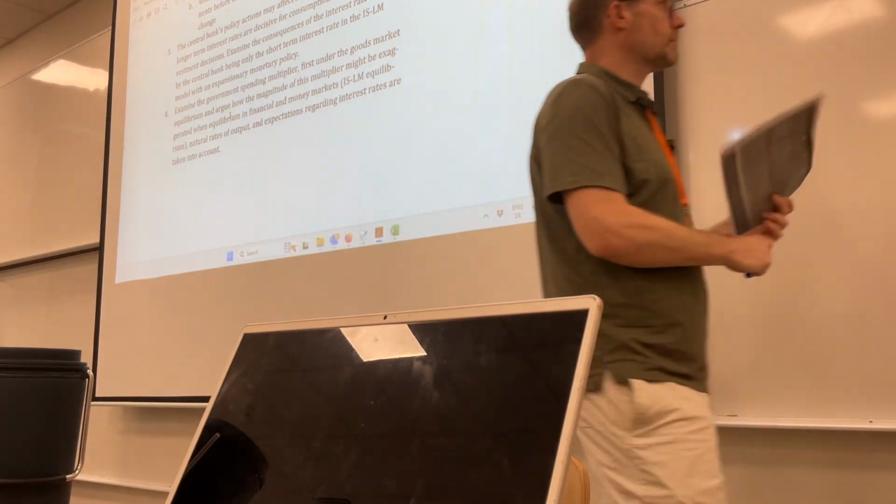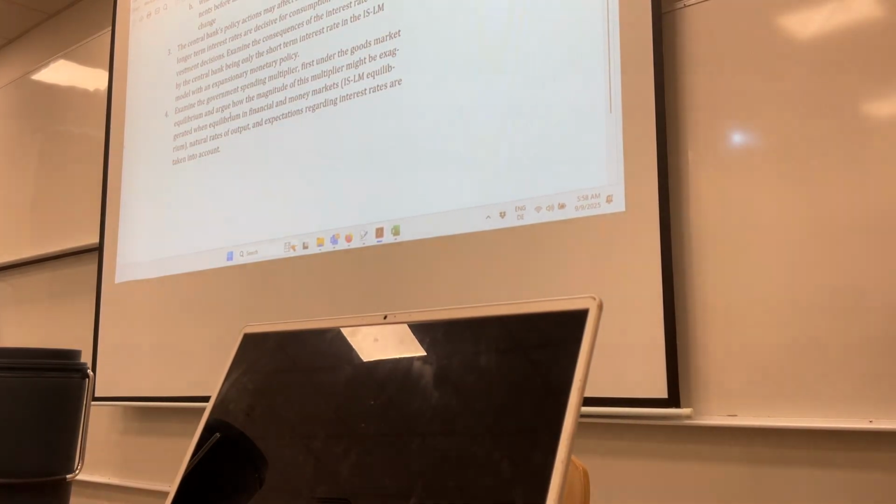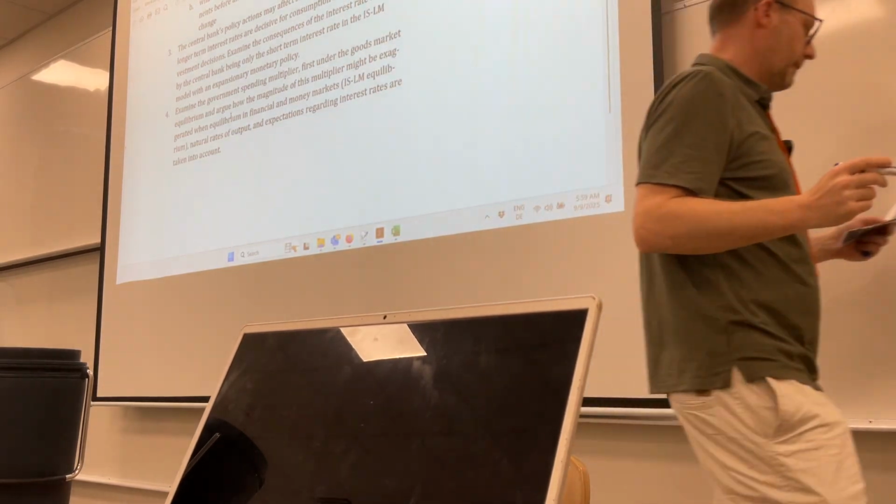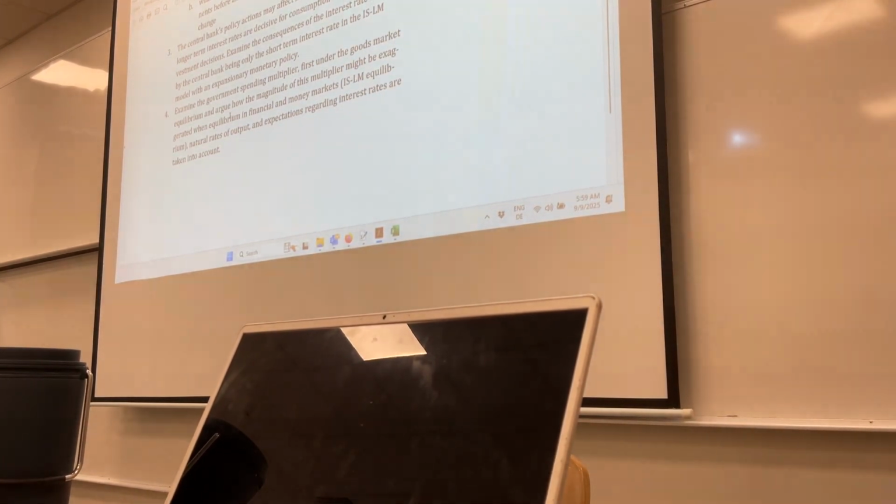So let's think about what this might mean, only short-term interest rates being affected, when we derive the IS. So we have our goods market equilibrium.